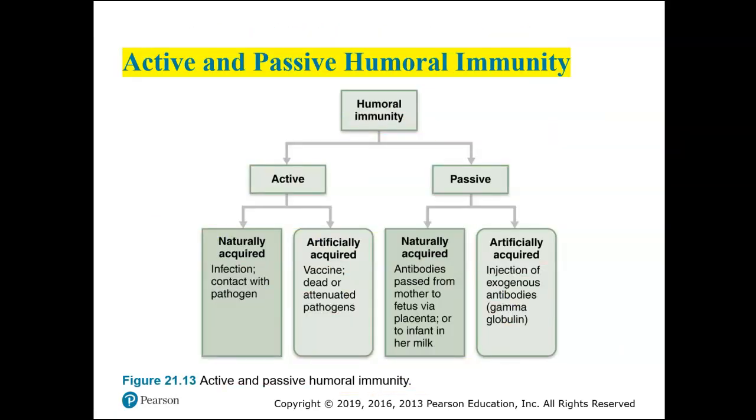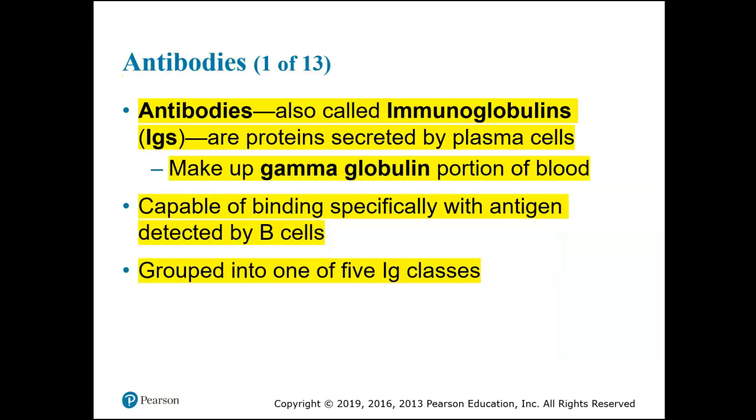There are different reasons for monoclonal antibody injections, but when you are given injections of antibodies, that is artificially acquired passive immunity. So make sure you know examples of the 4 different types of humoral immunity: naturally acquired active, artificially acquired active, naturally acquired passive, and artificially acquired passive.